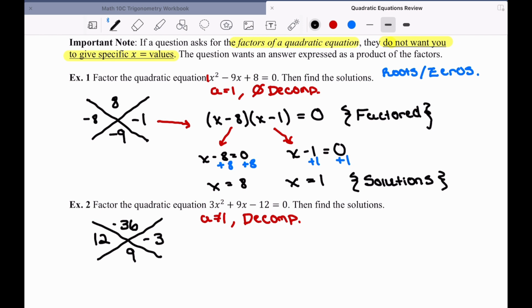Now we need to use decomposition, so I'm going to draw my arrow over and write in 3x squared plus 12x minus 3x minus 12 is equal to 0. Notice that 12 minus 3 is going to give us back that 9x, so we've kept the exact same function.